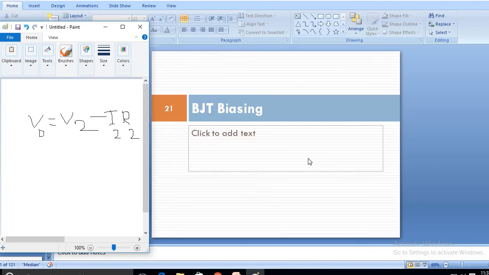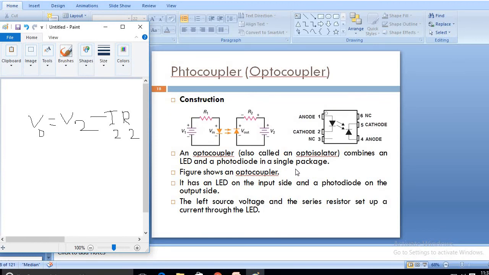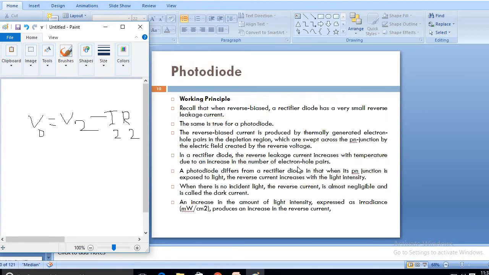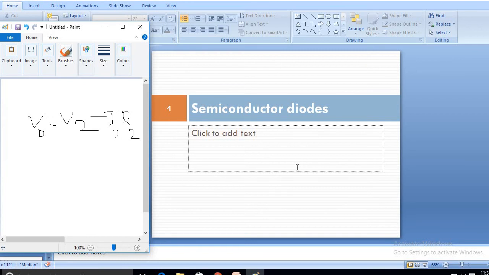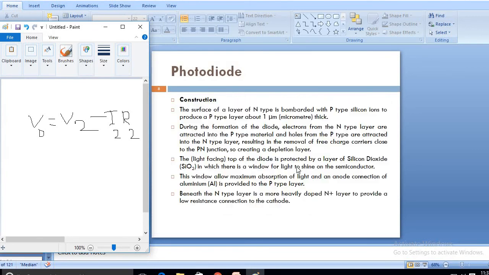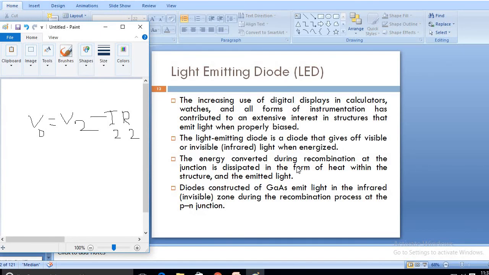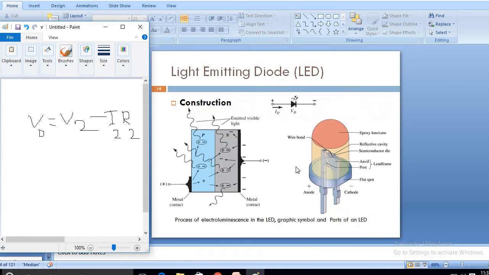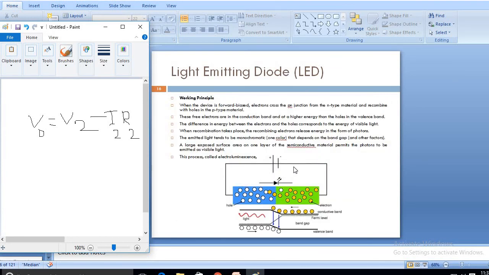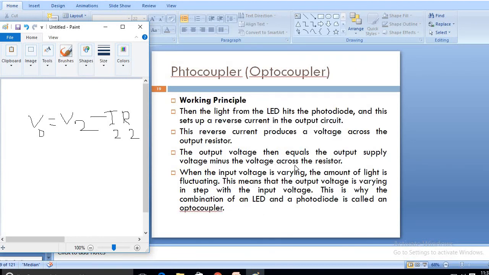The next concept is BJT biasing. Before going to BJT biasing, briefly, what we discussed in the previous classes were all the semiconductor diodes: first the photodiode, its construction and working principle, then the LED construction and working principle, and the photocoupler with its construction and working principle.